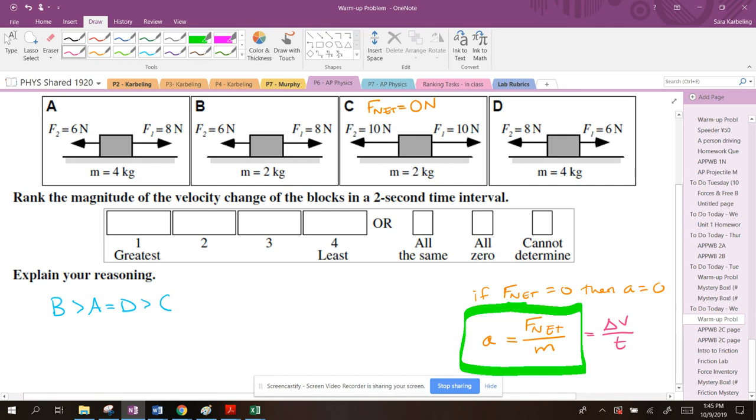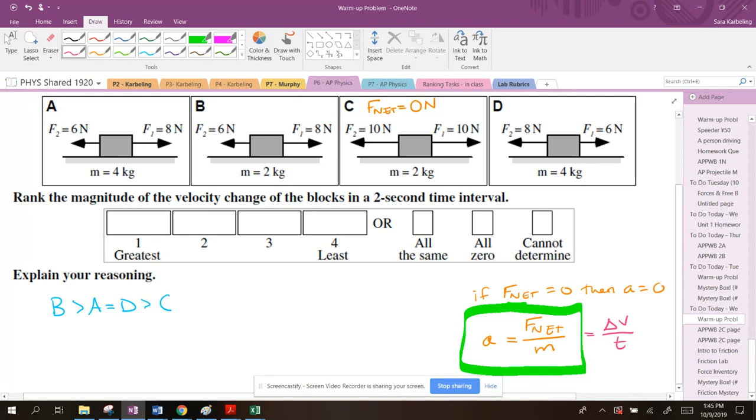And it's important because the time is the same for all of them, right? I don't want you to ignore the things that seem so simple, because then there are problems where those simple things get changed and then it messes you up. So not only is F net over m equal to a, but also change in velocity over time.